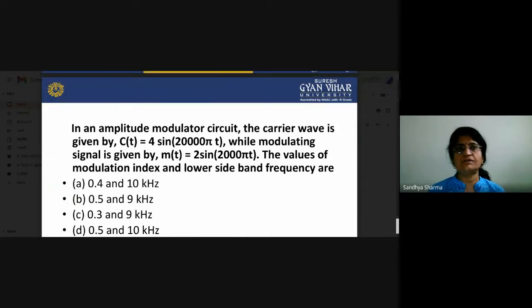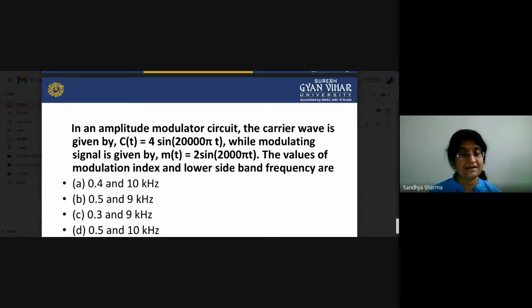In this way we can see what type of problems you have to solve. First of all, we have to know the modulating signal frequency, the carrier signal frequency, and the modulation index. What is the role of the modulation index? How can you calculate the lower sideband frequency and the upper sideband frequency? What is the carrier power, and what is the basic equation of carrier power? What is the total transmitted power?